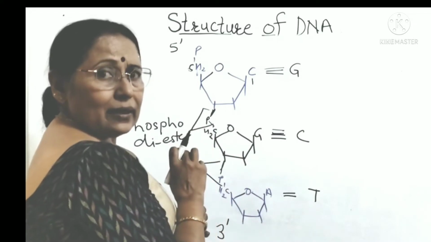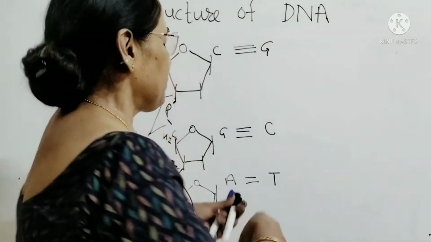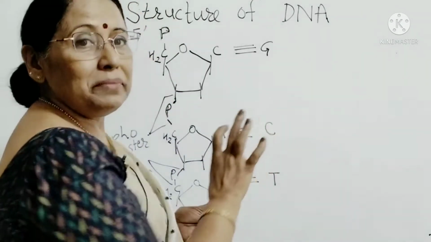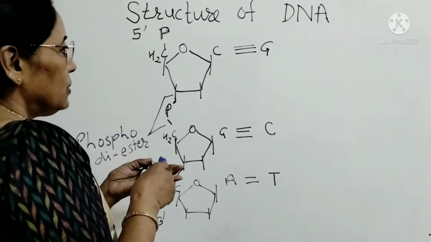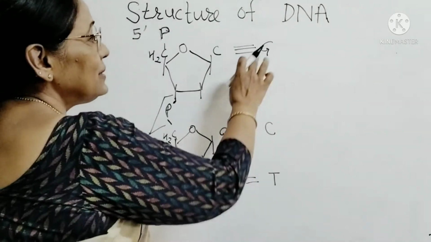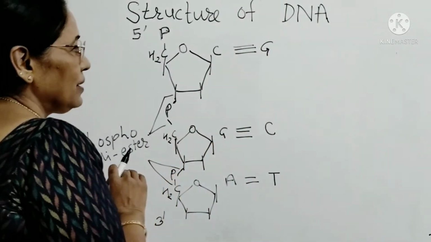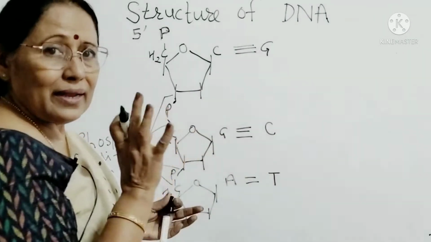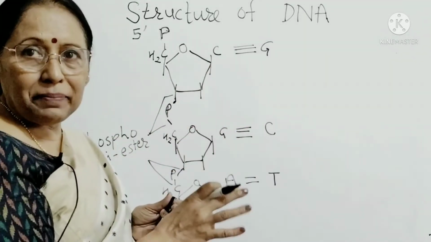Let's make the second strand of DNA. Already I have written here the nitrogen bases which are present in the next strand. You know that this nitrogen base is attached to the C1 position. The same nucleotides you have to draw here, but remember that these 2 strands are anti-parallel.